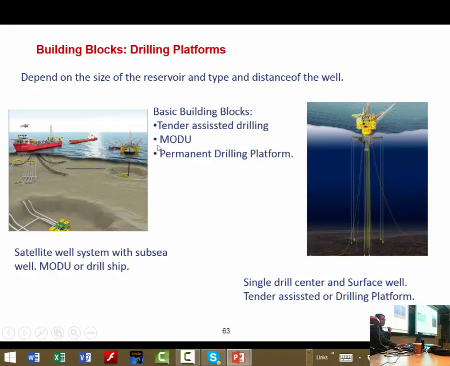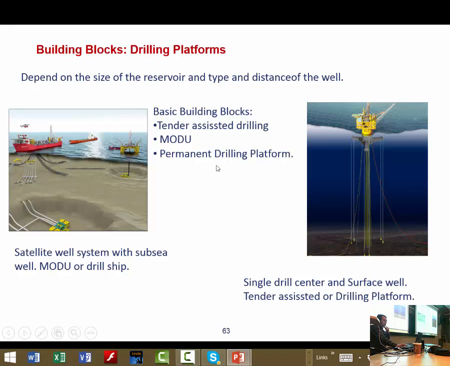So this is the second choice, mobile offshore drilling unit, where you have a floating production unit here, and then you have a leased, or maybe if you have enough money, a dedicated mobile offshore drilling unit at the site, which gives you the well service requirements.